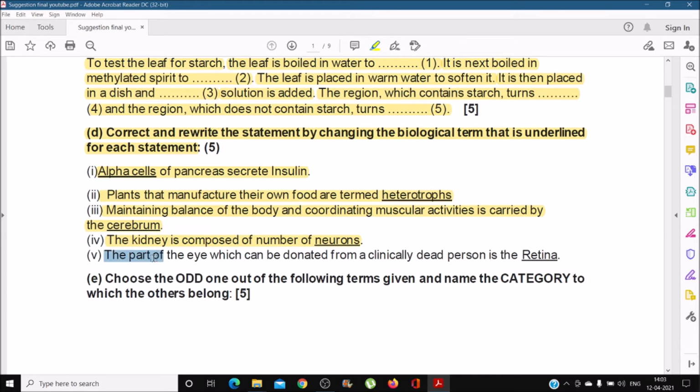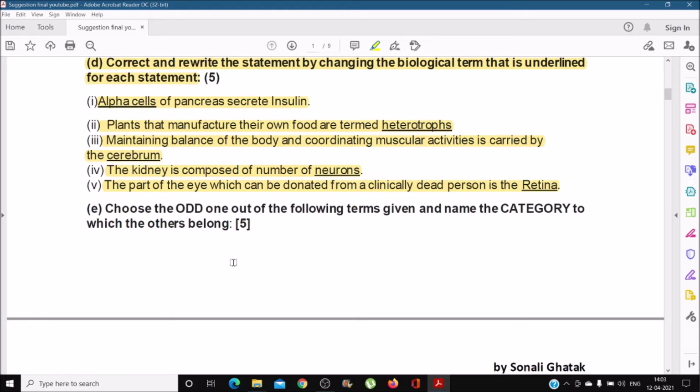The part of the eye which can be donated from a clinically dead person is called retina. Retina is underlined. You have to correct these underlined terms.